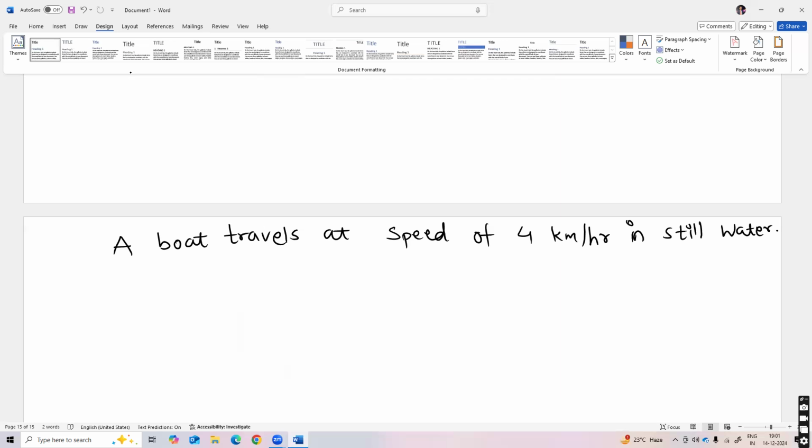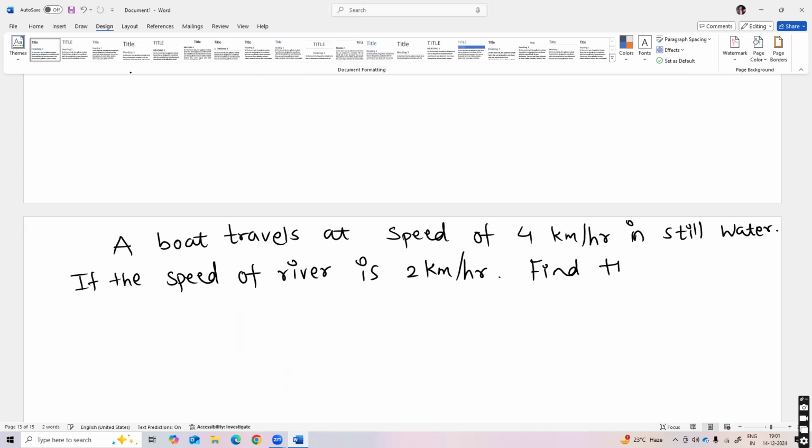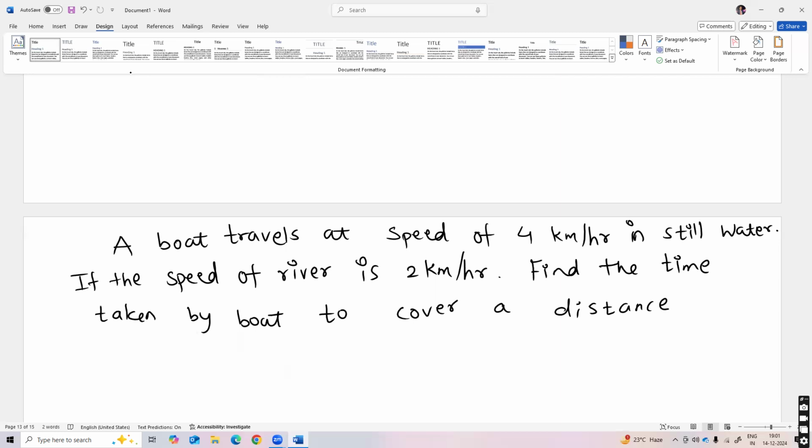If the speed of the river is 2 kilometer per hour, find the time taken by the boat to cover a distance of 12 kilometers upstream and downstream.